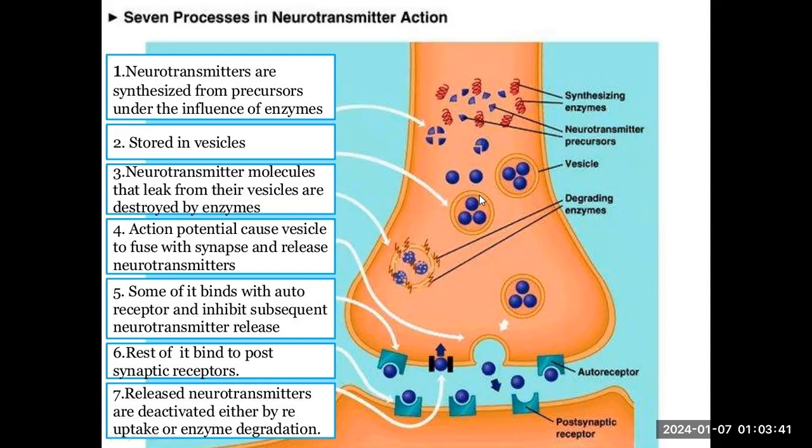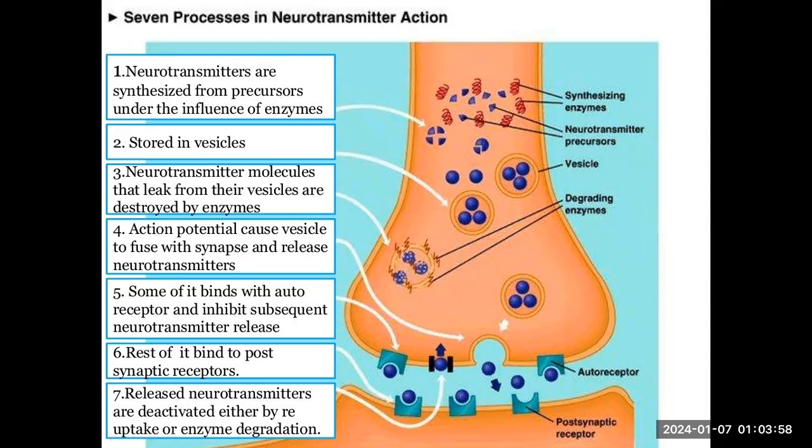Number 3, neurotransmitter molecules that leak from their vesicles are destroyed by enzymes. They are present in the vesicles, and if somehow they leak, then they are destroyed by the degrading enzymes.